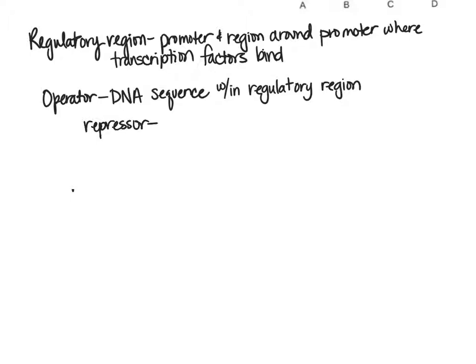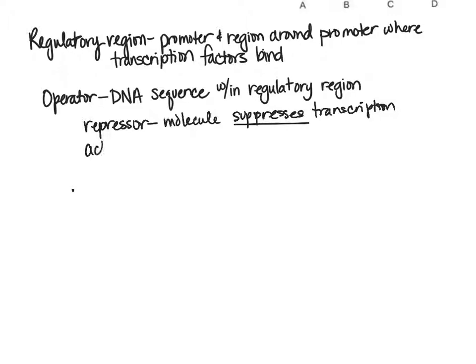The repressor is a molecule that suppresses transcription. Suppresses meaning decreases or slows down, right? So represses or suppresses, it's going to slow down transcription.